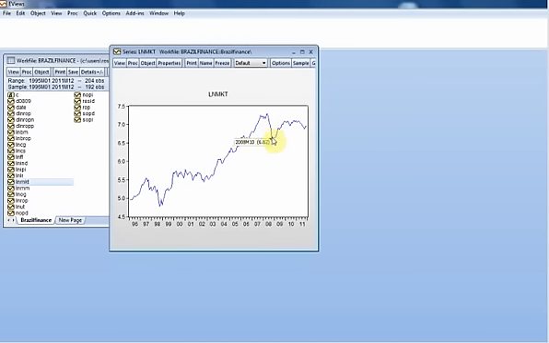However, this period corresponds to the financial crisis that occurred in Europe, and this is for Brazil. This is the variable for the Brazilian stock market index.